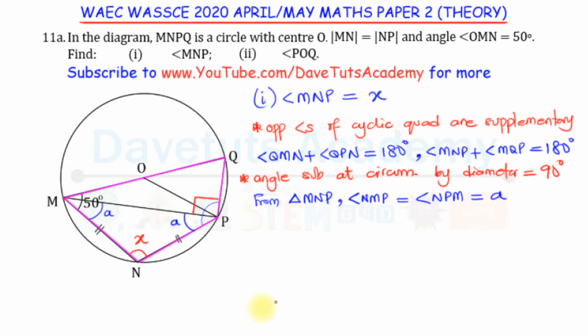Alright. And then all of these, how are they going to help me to solve this particular question? I know that this is angle 90 degrees now. Alright. And I know that the sum of this angle 50 here and this angle, they are going to be supplementary. They will add up to 180 degrees.